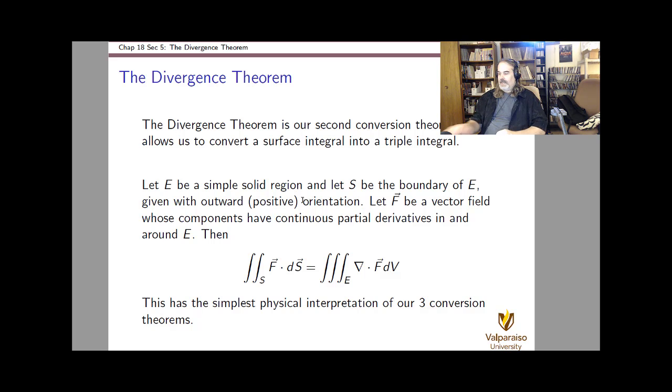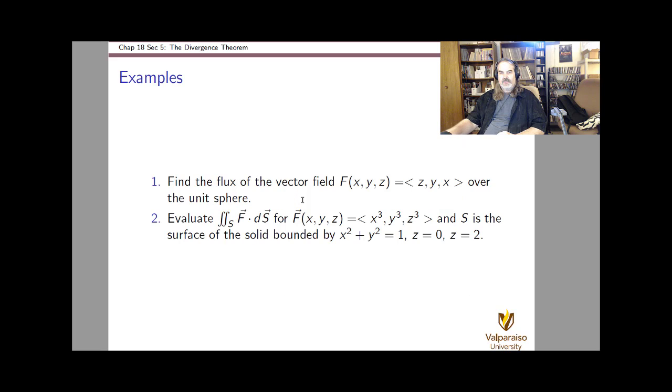So I'm going to show you here the two examples we're going to do, and then I'm going to pause for a second. I need to switch my camera to my document camera to show you some paper. We're just going to calculate two flux integrals: one over a vector field zyx, using the unit sphere as our surface, but then also the whole solid.